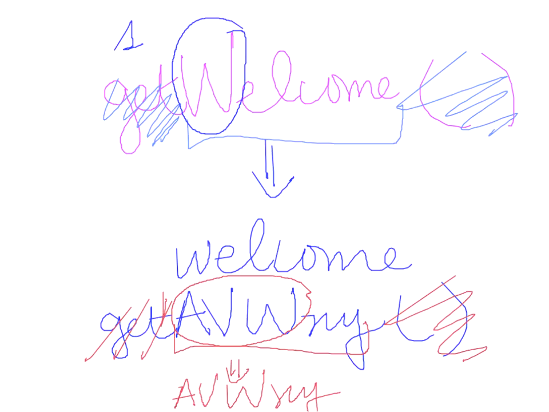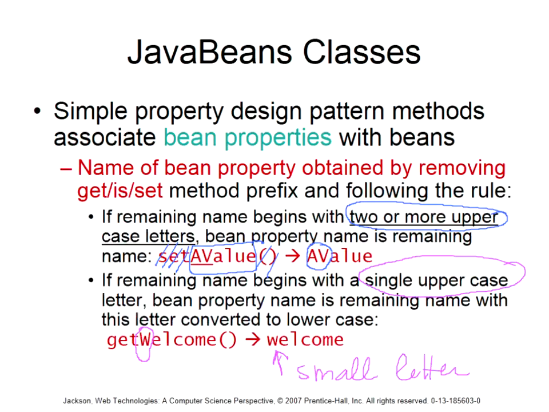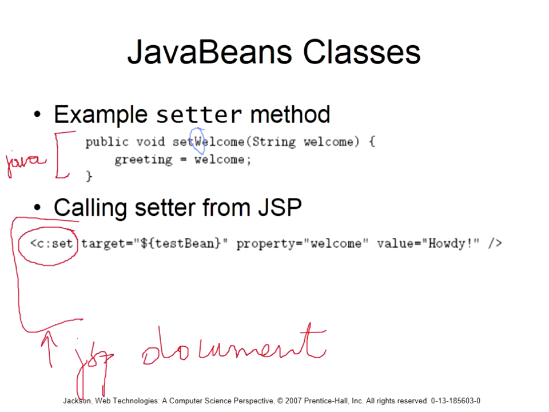So now, for your question of why this is used: we discuss how we can obtain the property, because when we want to modify the property, we have to write property equal welcome, with a small w, because I have setWelcome like this. Is it clear, Suha?